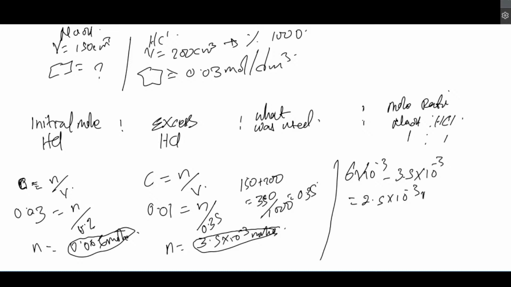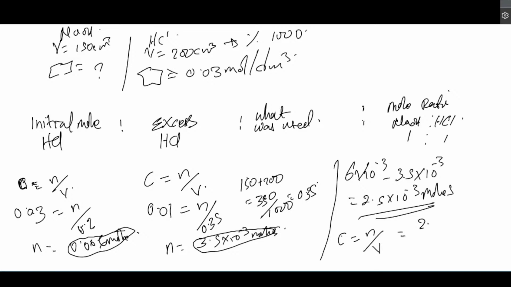That is the moles. So these are the number of moles which were used of hydrochloric acid. But 1 mole of hydrochloric acid reacts with 1 mole of sodium hydroxide. Therefore, these are the same number of moles of sodium hydroxide. Now, they are looking for the initial concentration of sodium hydroxide. Therefore, I'm going to use the same formula still: concentration is equal to number of moles divided by volume, whereby the concentration is what I'm looking for.